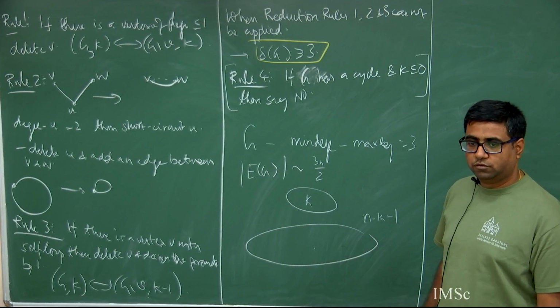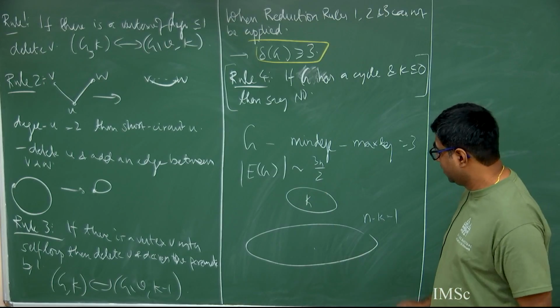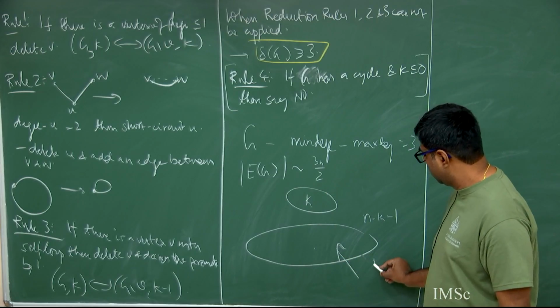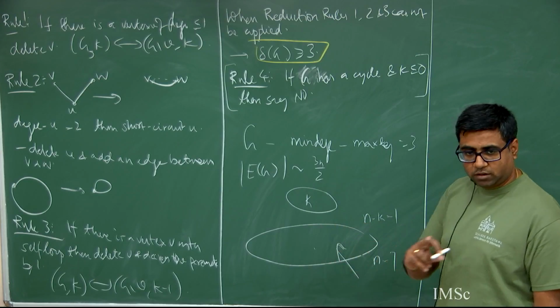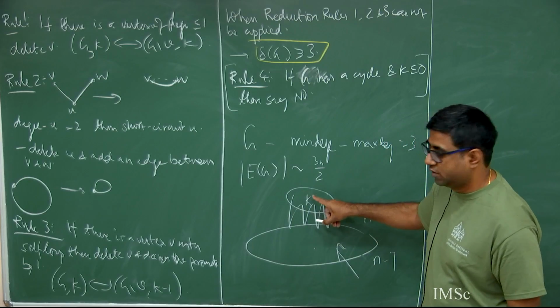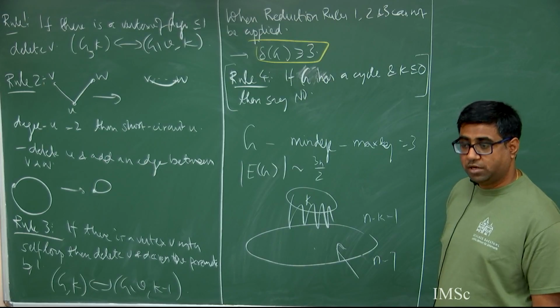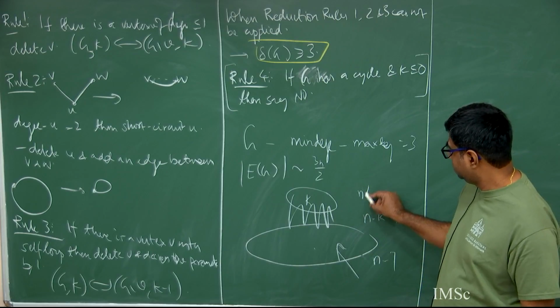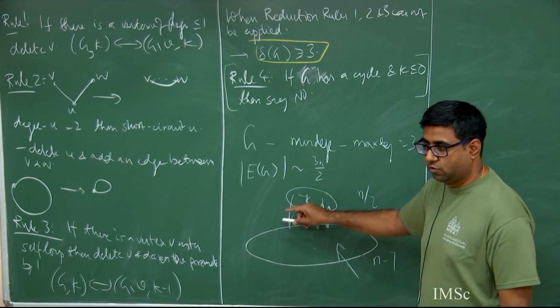Right? So as Diksha is saying, even if k is stupidly like 1, at best you can have n minus 1 edges. So logically, how many edges are incident to this modulator, this feedback vertex set? At least n by 2. Because if there are n minus 1 edges here, then where are the rest?